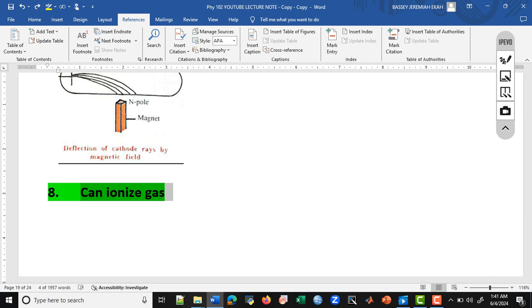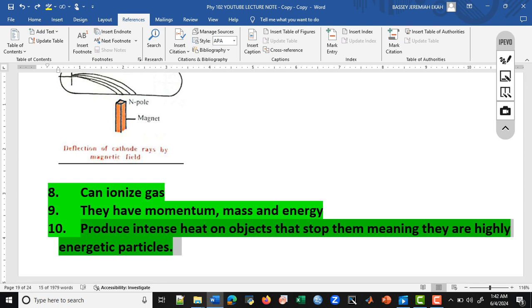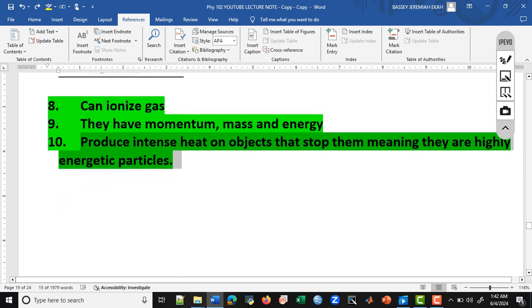So cathode rays have the potential to make a gas conduct electricity. They have momentum, mass, and energy. They produce intense heat on objects that stop them, meaning they are highly energetic particles.